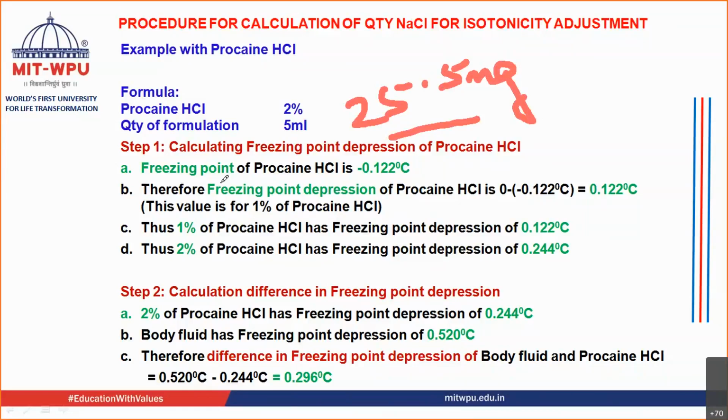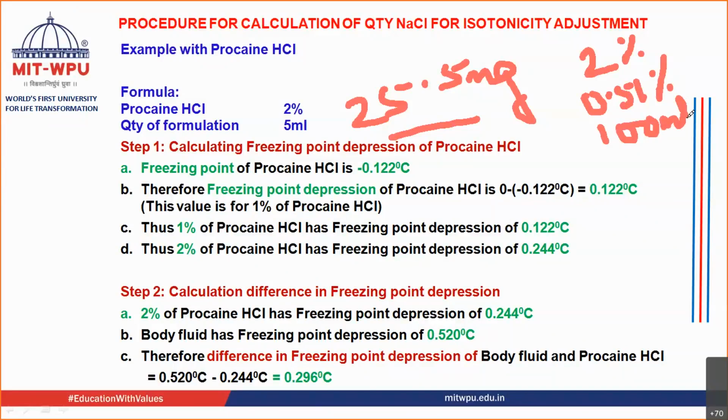I can write the formula in another way also. If I don't want to do the further calculations, I can write it in another way. That is 2% of procaine hydrochloride, okay, and NaCl as 0.51%, and the quantity is going to be 100 ml.